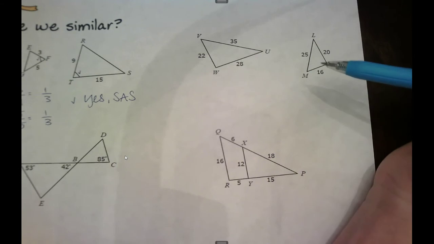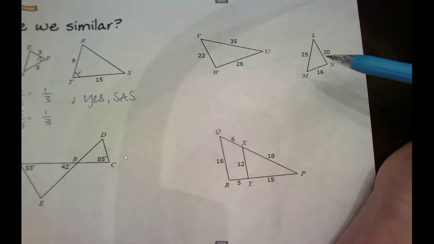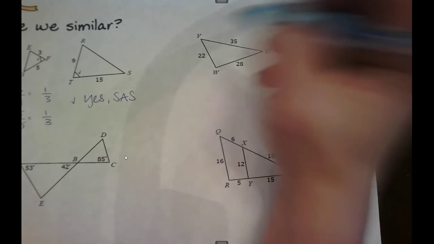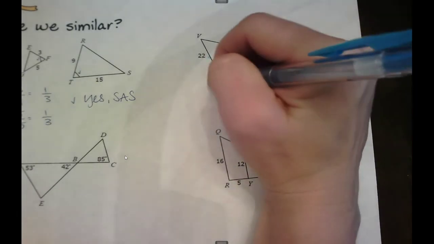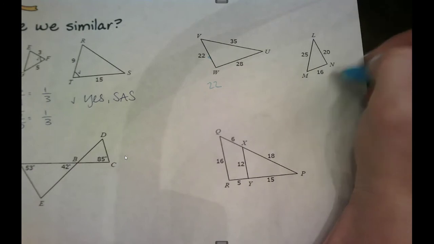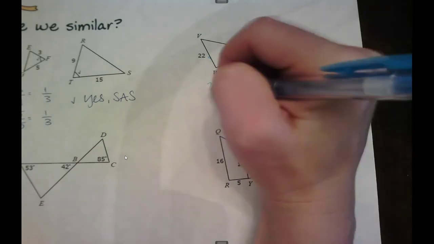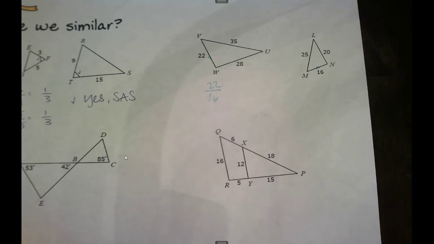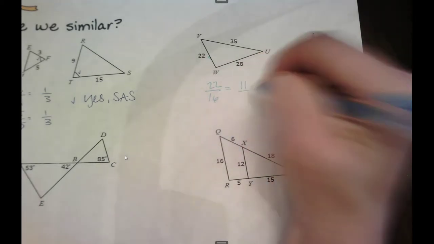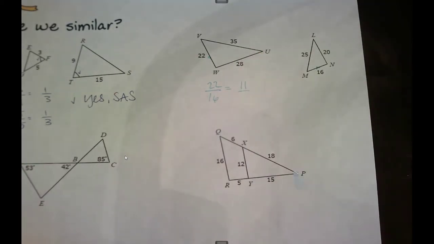One way I can tell what sides are corresponding is, this one on this triangle is the smallest one. And then over here, which one's the smallest one? At 16. So those are the ones that correspond. So this is going to reduce to 11 over 8.